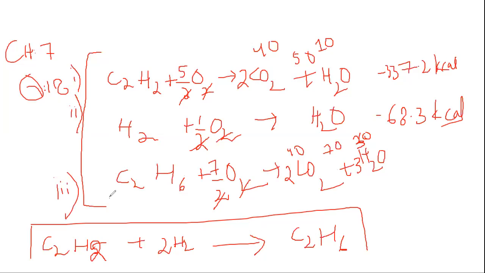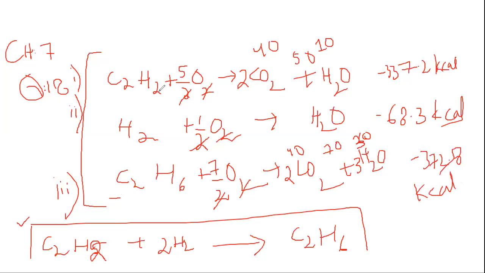If it has a minus sign, then it will move to the product side. So you have to add equation number 1 and equation number 2 and subtract equation number 3. Then you will get your required equation. Enthalpy change for the third equation is minus 372.8 kilocalories.